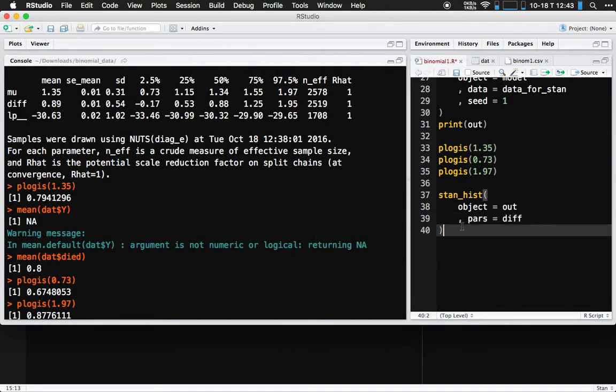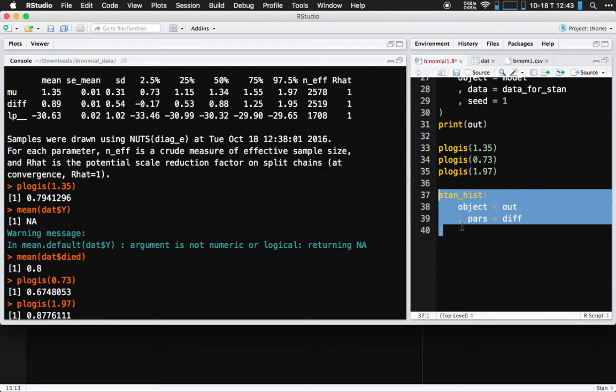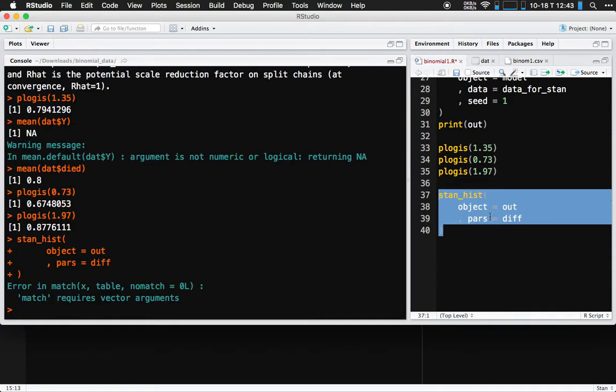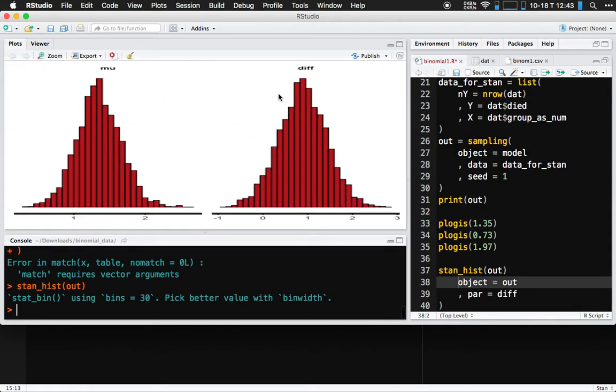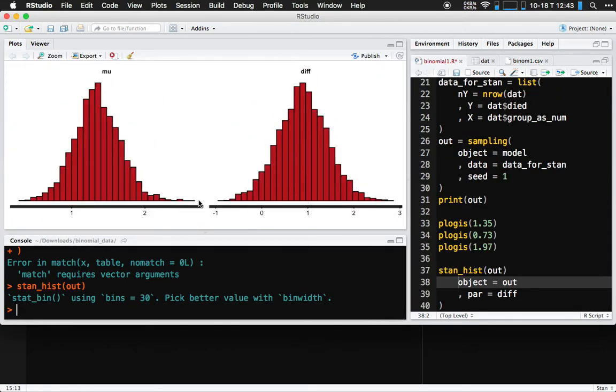So we'll look at the diff parameter. Oops, par. What have I done wrong? Stan hist. I just do out. I don't know why. Anyway, this is a plot of both parameters.